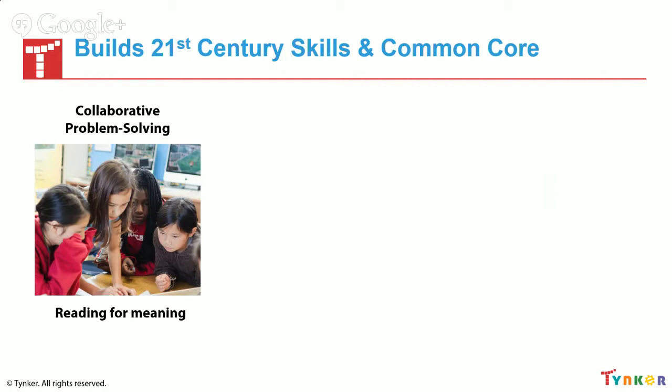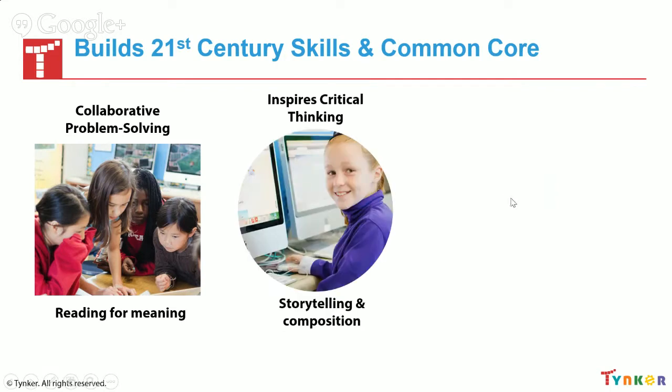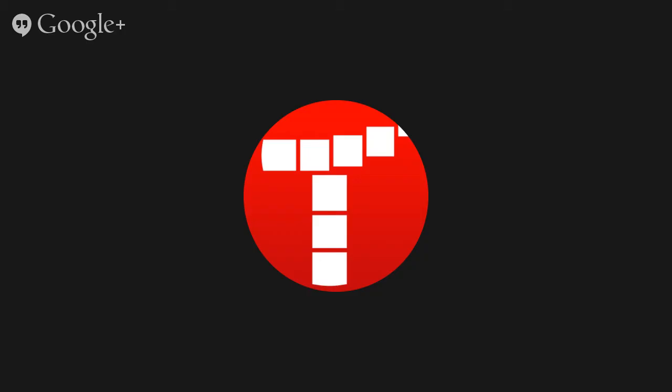And so what it creates is an environment for collaborative problem solving that also encourages students to read for meaning and inspires critical thinking while students are working together on storytelling projects, supporting those Common Core standards and also building those critical 21st century skills.